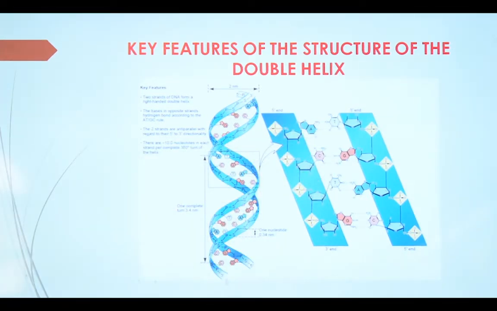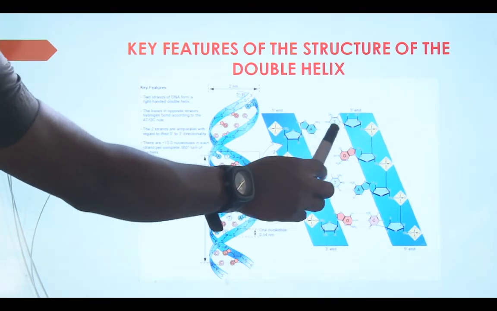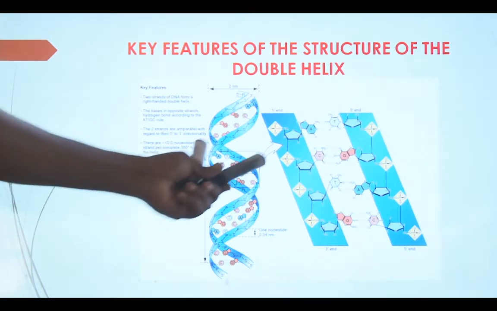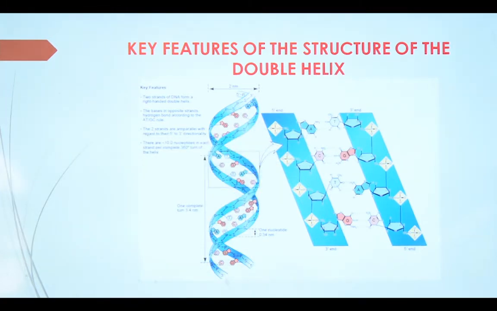So the pairing is between the 5 prime end and the 3 prime end. When that pairing is done, then we get the structure of the DNA.